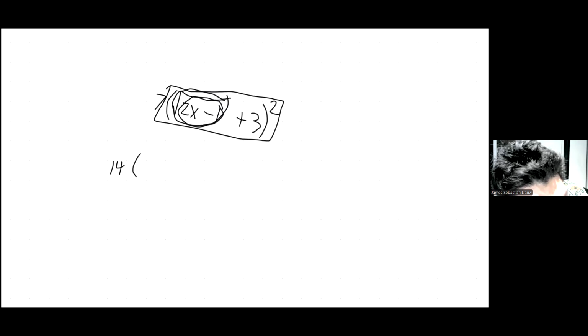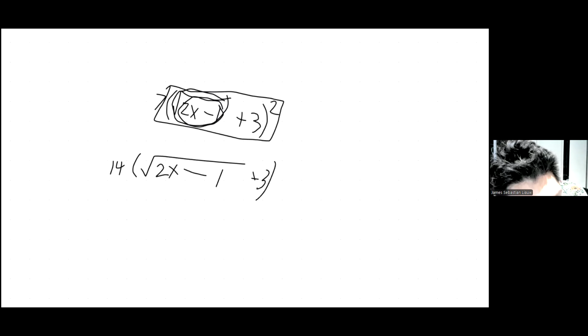So basically you think of everything as a single variable, and then you multiply it by the differentiation of the inside variable.